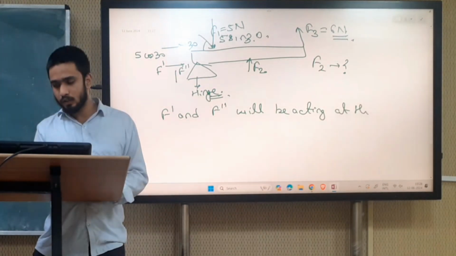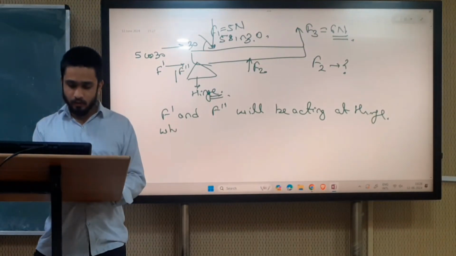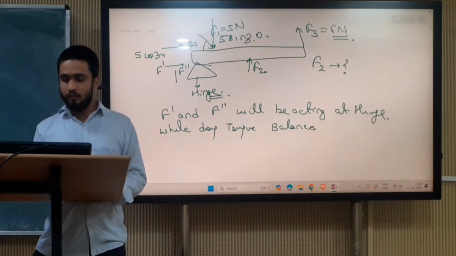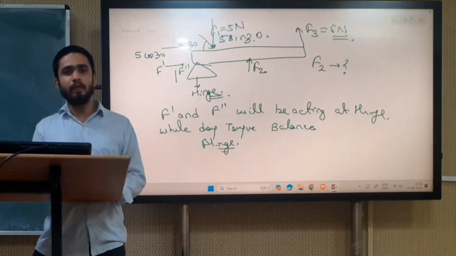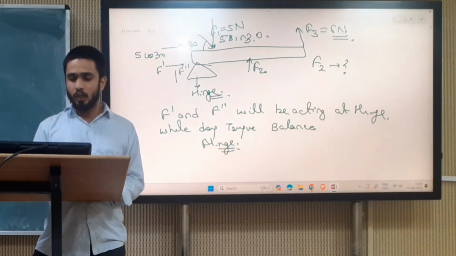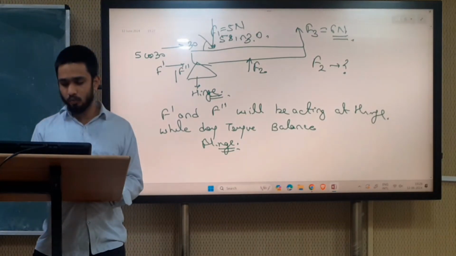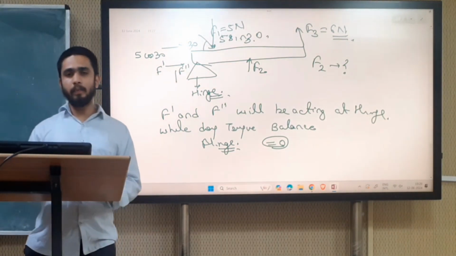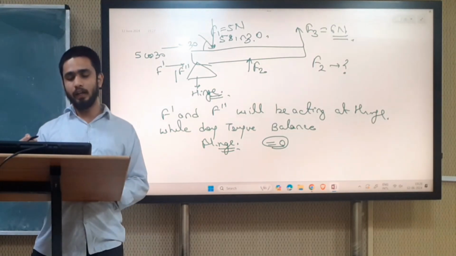While doing the torque balance, we will take torque about the hinge only. If we do the torque balance about the hinge, these two forces pass through the hinge, so the torque given by these two forces will be equal to 0. If a force passes through a particular point, the torque given by it about that point is 0.